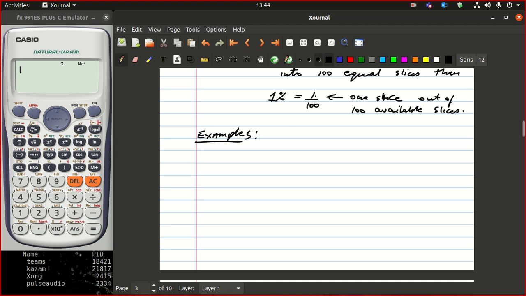Now, if you use that context and understood that 1% is equivalent to 1 over 100 available things, then what is going to be A, 2%?